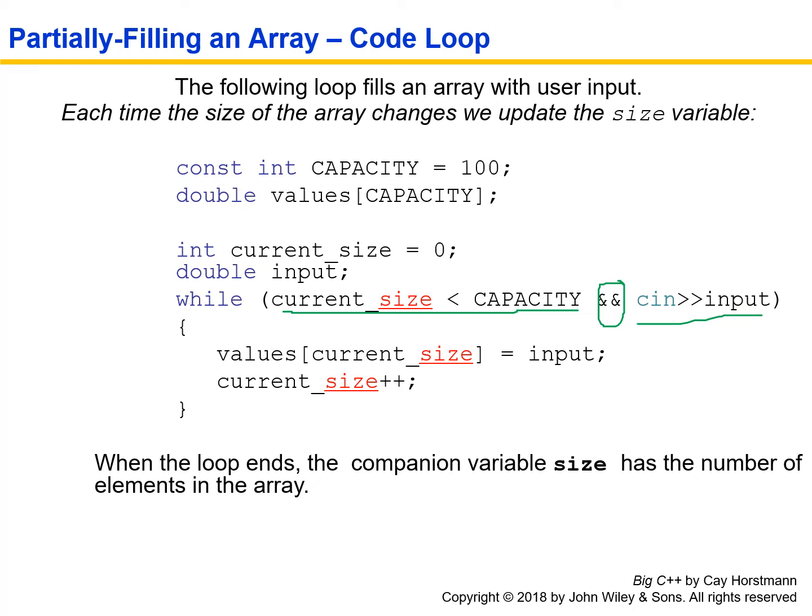But basically, each time through the input loop, you place the input into your array at the current size variable, which is now size - 1, and then you increment the current size so that it now is equal to the number of items in your array again.